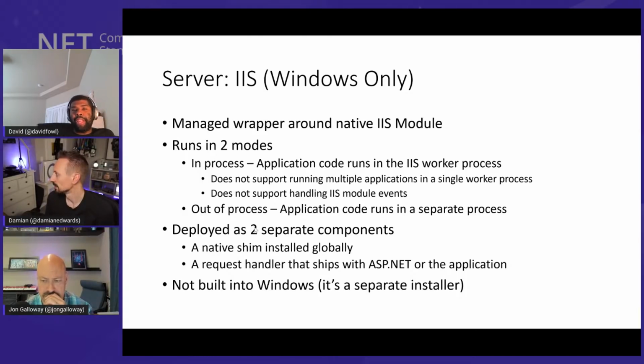Our module does not interact with the entire IIS pipeline. If you are familiar with ASP.NET and not ASP.NET Core, if you're familiar with the integrated pipeline, BeginRequest, HTTP modules, System Web used to actually interleave managed code, so you can handle every single IIS event in C#. In ASP.NET Core, that is not possible. We run in a single module event, I think execute request handler, and you don't get to hook the pipeline.